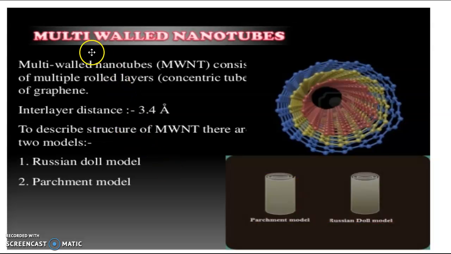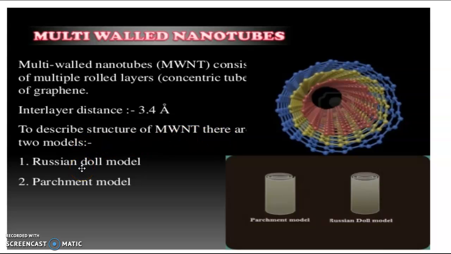After that we will move to the multi-walled nanotubes. Multi-walled nanotubes consist of multiple rolled layers of graphene, with an interlayer distance of 3.4 angstrom. Angstrom is 10 power minus 10 meters. To describe the structure of multi-walled nanotubes, there are two models.